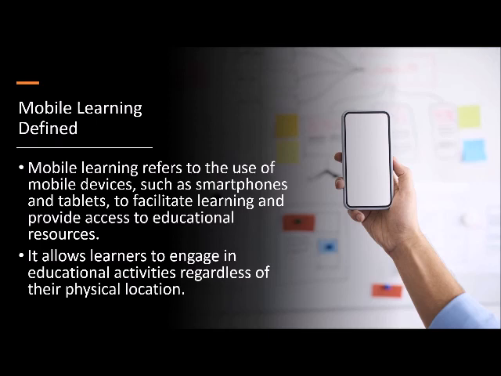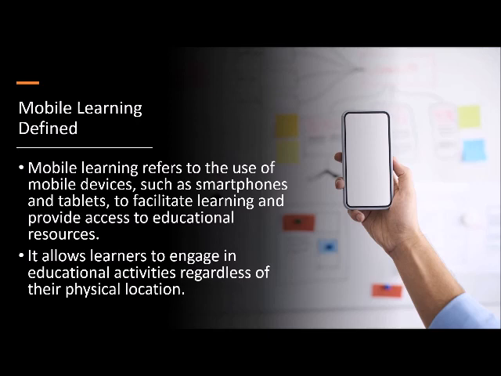The next one is that it allows learners to engage in educational activities regardless of their physical location. So of course, mobile learning enables learners to actively participate in educational activities, irrespective of their physical location, by leveraging mobile devices such as smartphones and tablets.